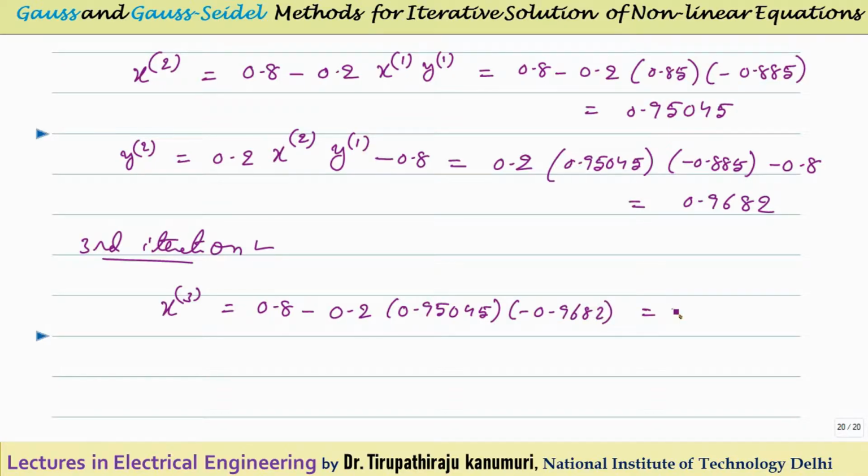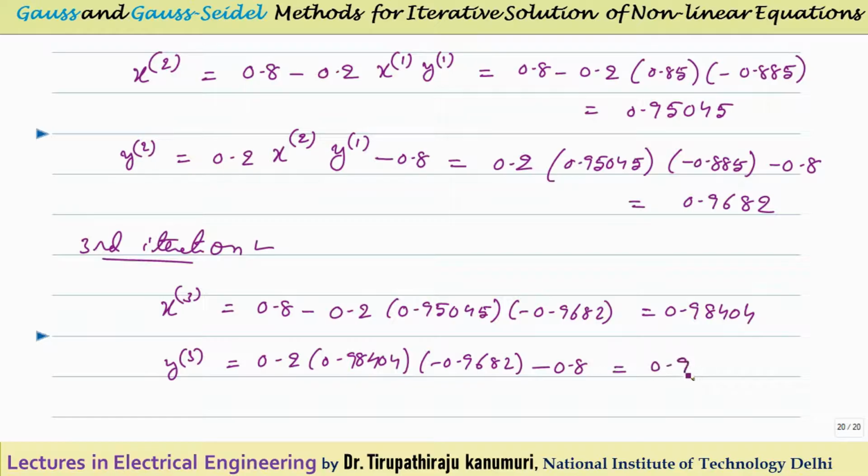This will become equal to 0.98404, and the value of y after the third iteration will be equal to 0.2 into 0.98404, the value that is obtained here, right? Minus 0.9682, so previous value of y, minus 0.8. This will be equal to 0.99055. So similarly I can proceed for the next iteration.